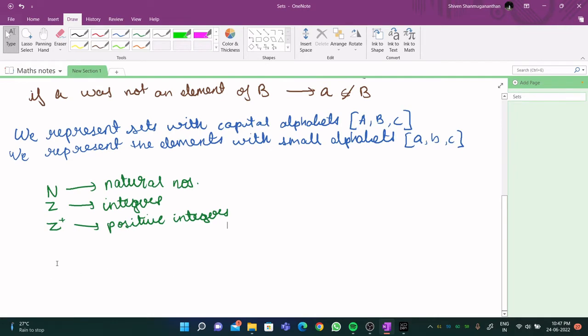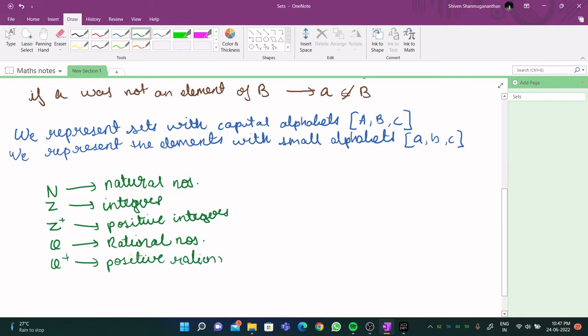Then we have Q, which represents the set of all rational numbers. Then we have Q plus, which logically means positive rational numbers. Then we have R, which would be the set of all real numbers.